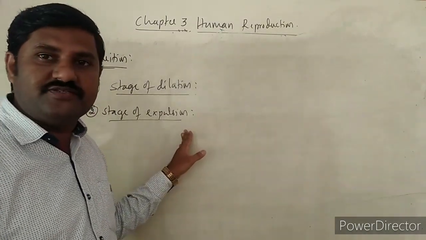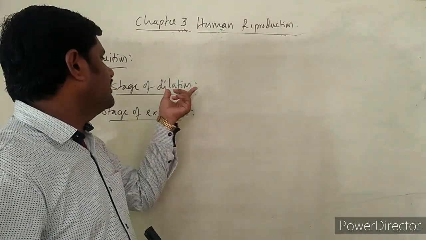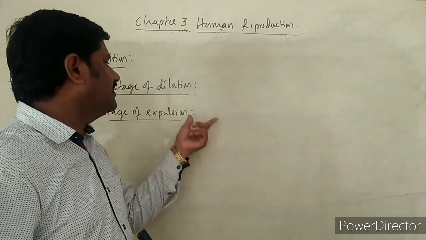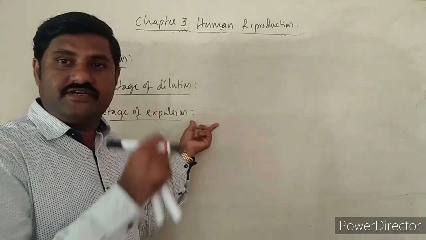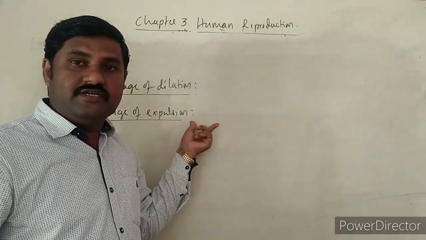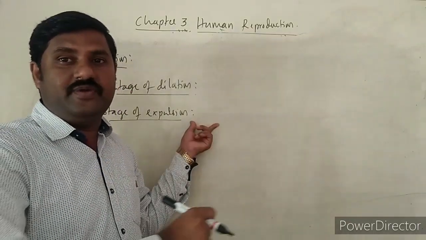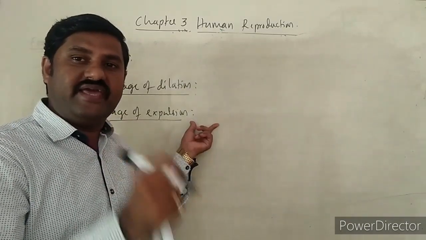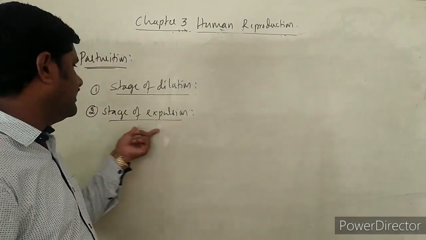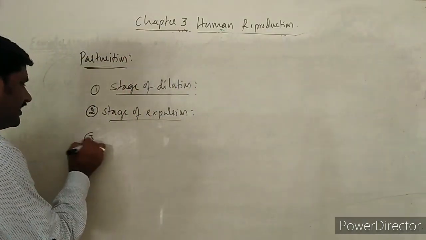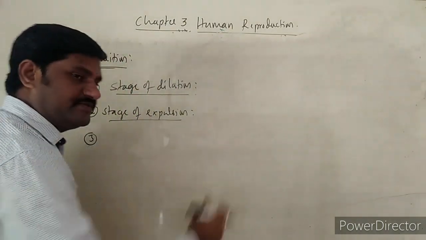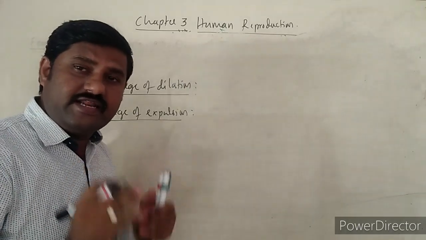These are the labor pains which continue from the stage of dilation up to the expulsion of the baby from the womb of the mother, or the delivery of the baby. And those labor pains altogether are called what? Stage of expulsion.